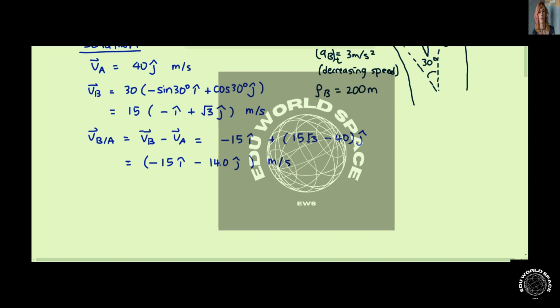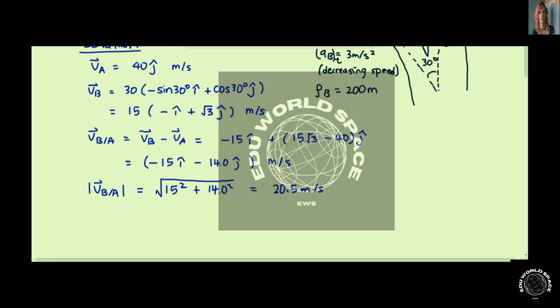So the magnitude of the velocity of B relative to A is the square root of 15 squared plus 14.0 squared, using Pythagoras theorem, and you get 20.5 meters per second.